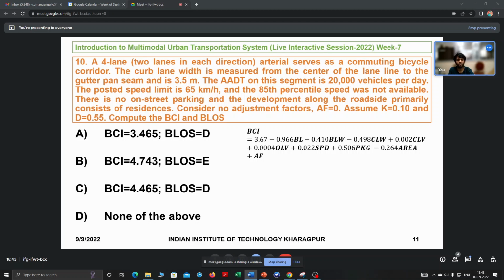You just need to make sure that your BCI calculation is okay, because you may have some problem in calculating your volumes, because here it is given for a particular segment, not the total road, not lane wise, and your 85th percentile speed also is not given. So if you remember, if the 85th percentile speed is not available, then how to calculate? 4.46. It is 4.46.